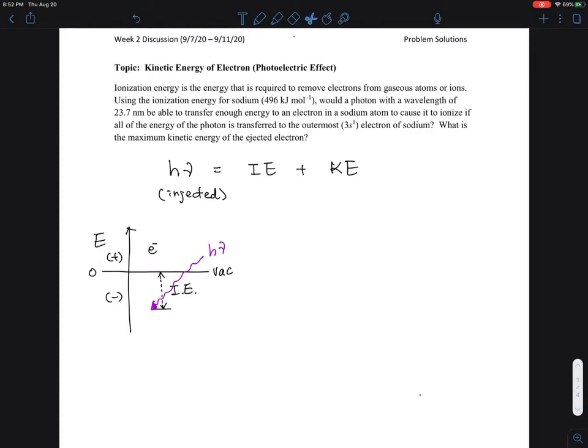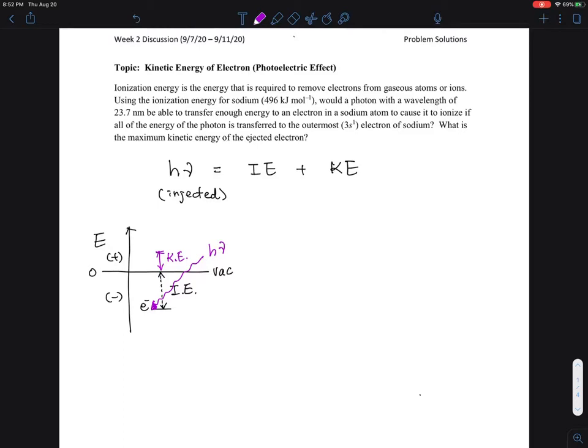This is the extra energy they will have when they are bounced by the photons, what we call the kinetic energy, so that they can move around. So that's why you have established these energies.